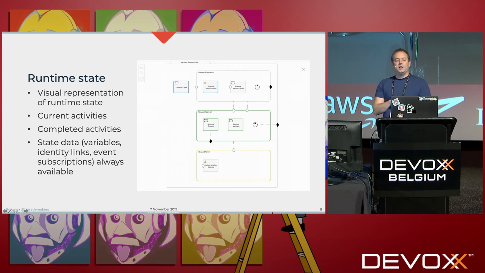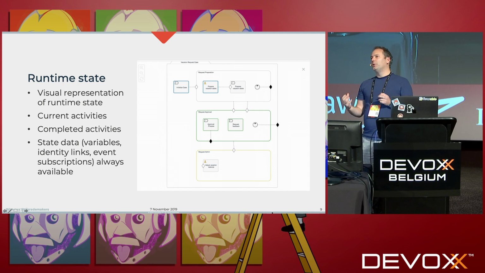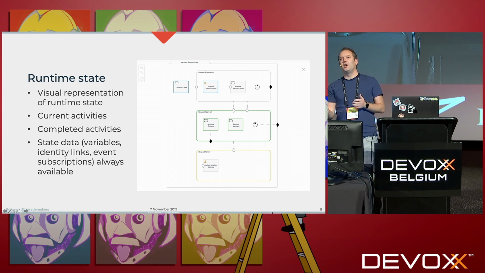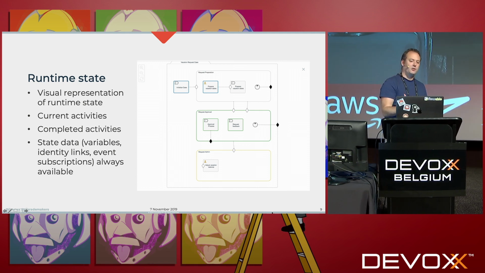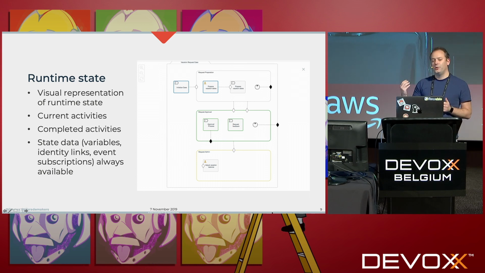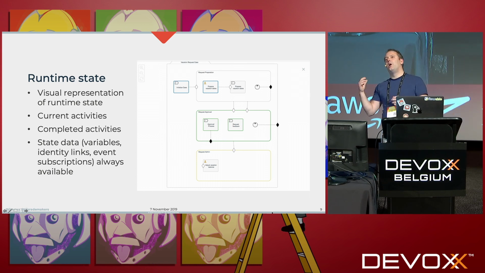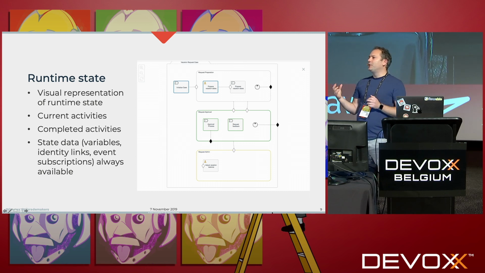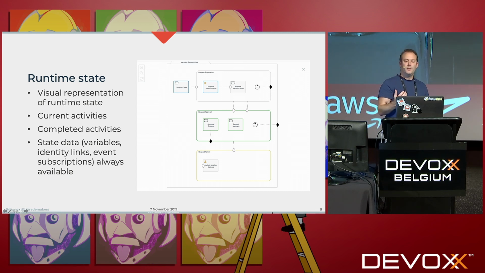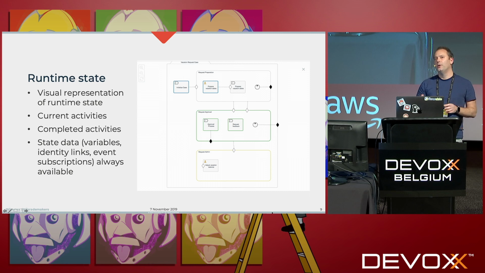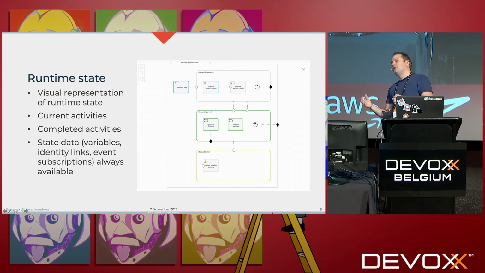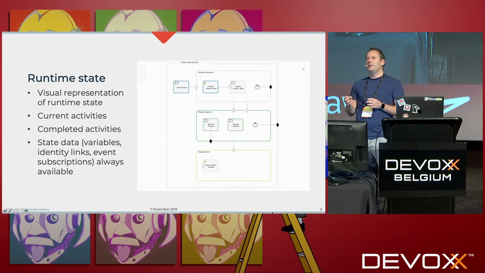And another really nice benefit is that with that model, it's not only the modeling exercise you do up front to translate your requirements into a nice model, but actually while running that model, you can also show a nice runtime overview of that model. So you can show which are the current activities that are active.